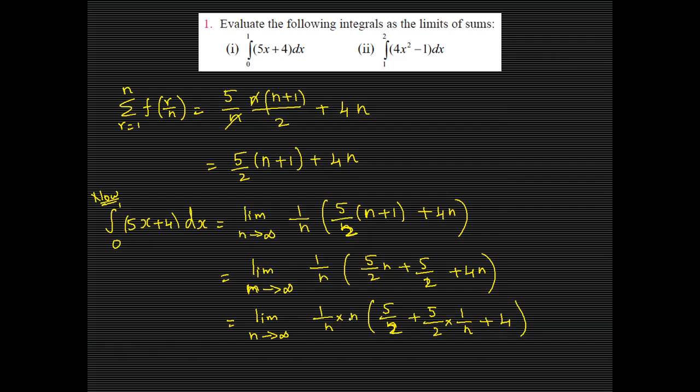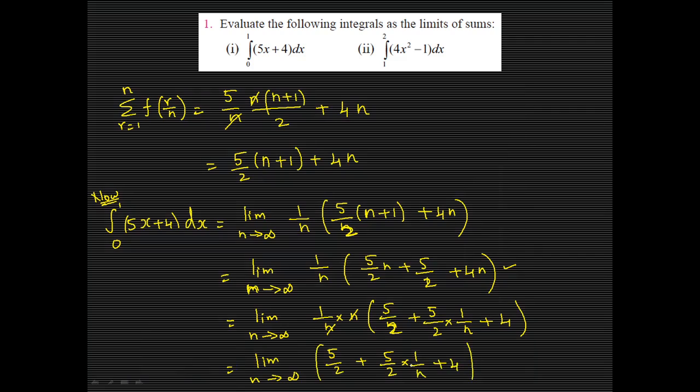If you multiply n inside the bracket, you will get this term. So 5 by 2 into n, and 5 by 2, if you multiply n and n into 1 by n, you will get 5 by 2 alone. So that is equal to limit n tends to infinity, and this n will get cancelled. So the remaining is 5 by 2 plus 5 by 2 into 1 by n plus 4. Now you apply the limit.